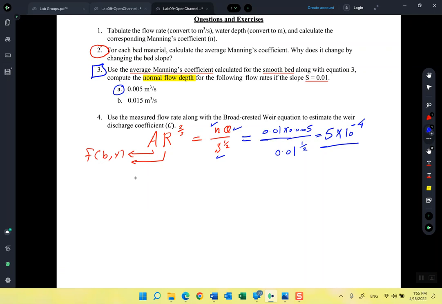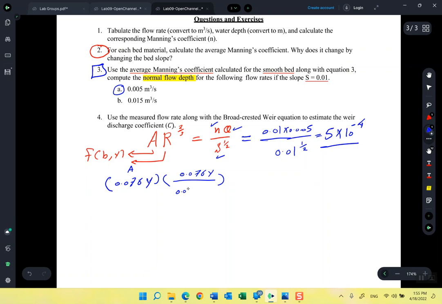For the area, it is equal to by, and in our case the width is equal to 0.076 y, and this corresponds to the area, whereas the hydraulic radius is equal to the area, the same thing, divided by the width parameter, which is 0.076 plus 2y, and this will equal 5 times 10 to the power negative 4.